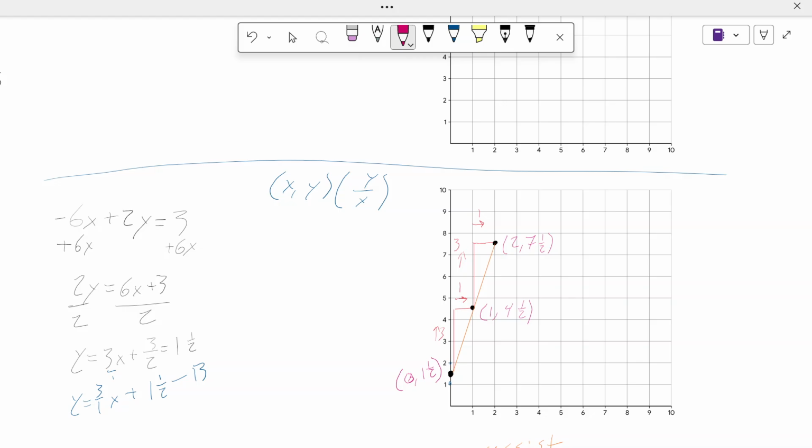But let me draw it down over here. So we started at 0, 1.5, and then we ended up at 1, 4.5, and then 2, 7.5. Which if we look, we're adding 3 plus 3 plus 3 plus 1 plus 1, and this is on the x and this is the y.